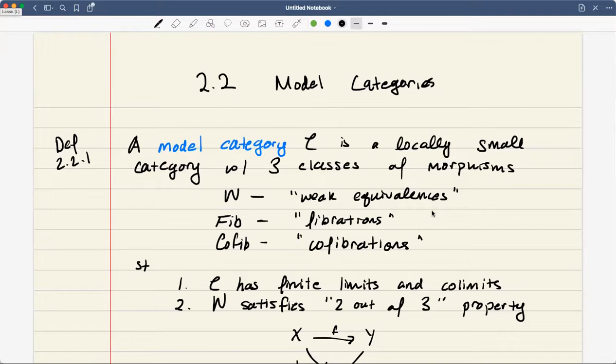So, it was only maybe a year after learning model categories that I was really wondering, why do we call them model categories? And at least as I understand it now, model category theory is a specific flavor of one category theory.